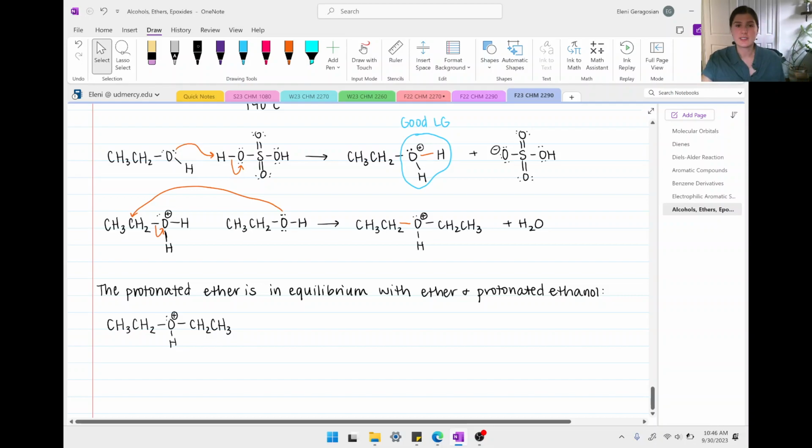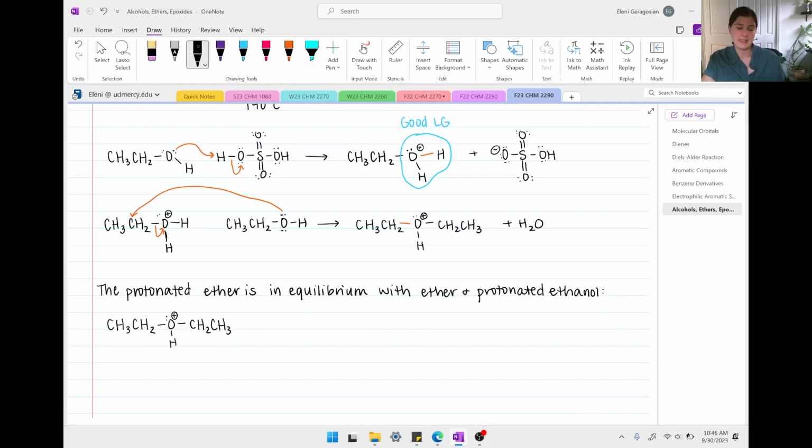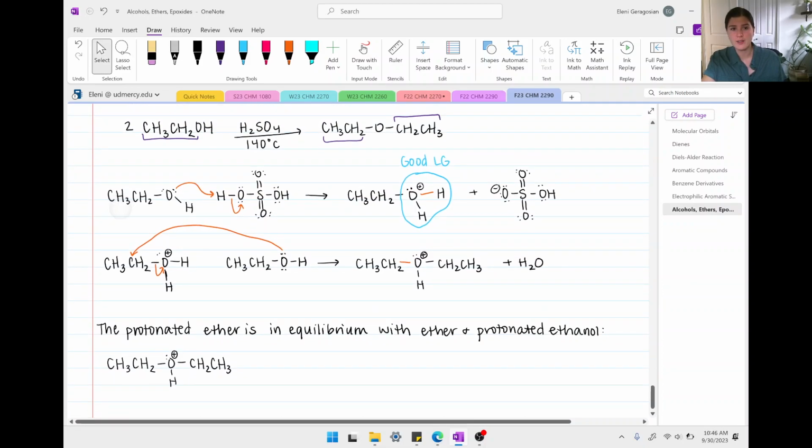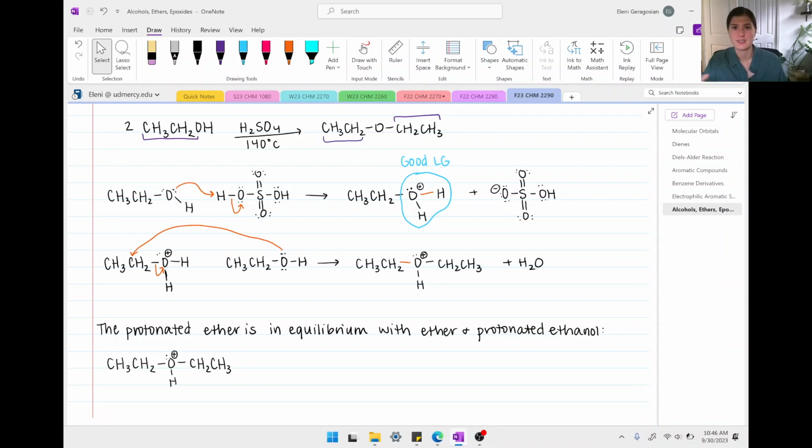Now this reaction, since we're carrying the reaction out in an alcohol, you can imagine a beaker of ethanol adding some sulfuric acid to it, and this reaction can take place. Since we have excess alcohol, there are some ethanol molecules that had not gotten protonated by the sulfuric acid, so they're still present as a neutral alcohol in solution.